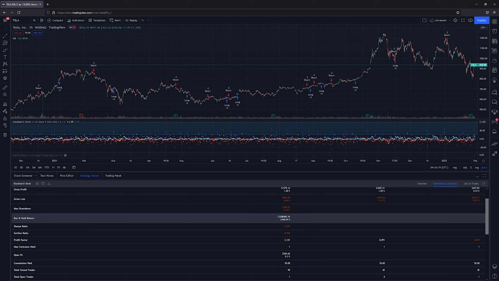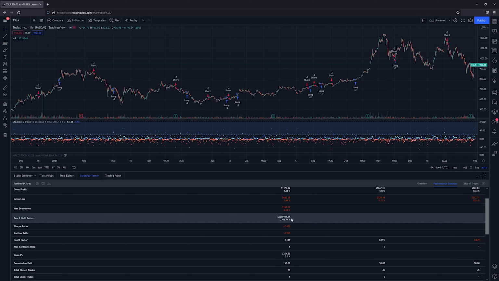The buy and hold return, I had to search this one and find out exactly when it considered the starting, and it's at the starting of your strategy. So it's not necessarily at the starting of your chart, because sometimes a chart can go back many years, but it's from the start date and the last trade that's been made.